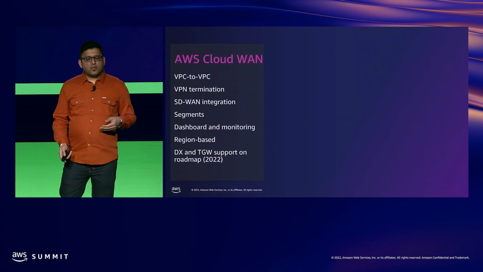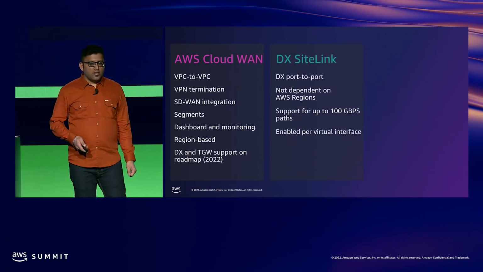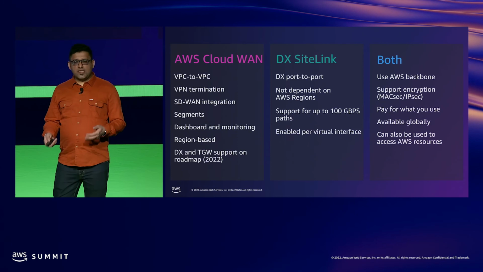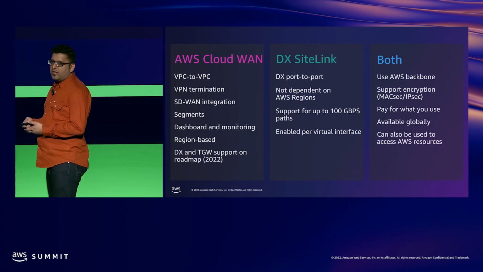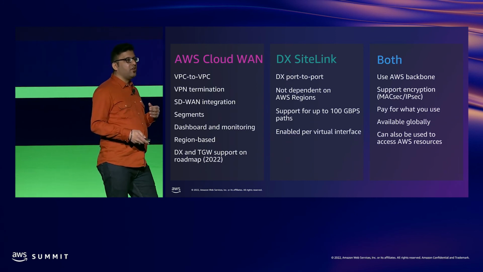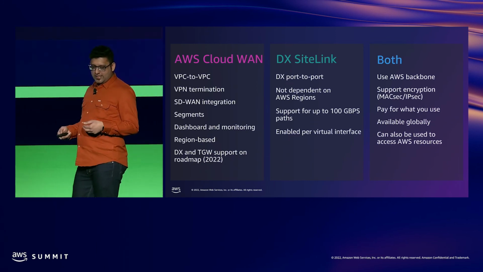So we talked about Cloud WAN, and Tom previously mentioned Site Link. So what are the use cases for this? What we have seen is that AWS Cloud WAN is mostly used by customers when they are having VPC to VPC connectivity, or hybrid or WAN connectivity through VPN or SD-WAN appliances.